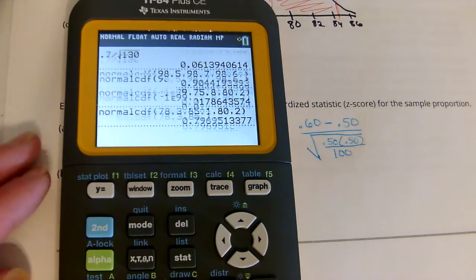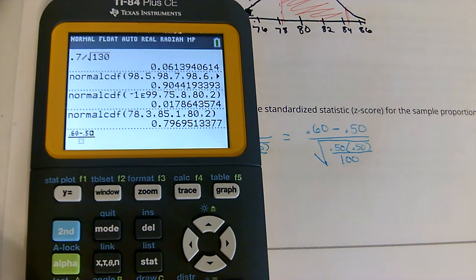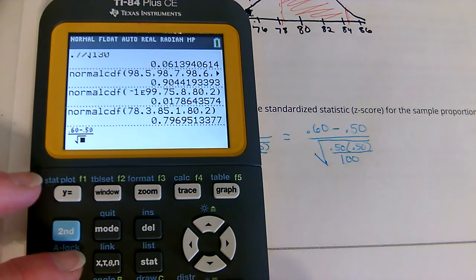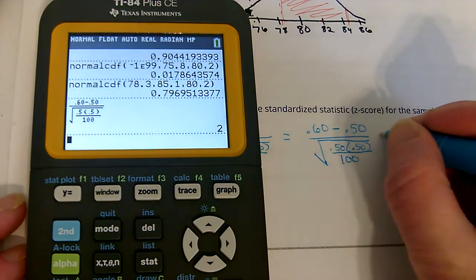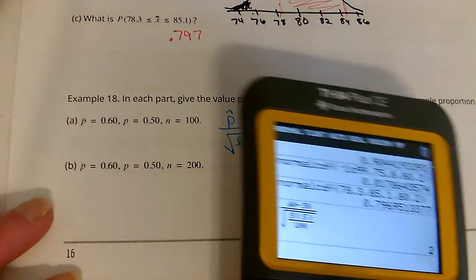Now, I'm going to do this as a fraction in my calculator. 0.60 minus 0.50 over the square root of, and put another fraction in there, 0.5 times 0.5 divided by 100. And we get 2. That's a z-score of 2.